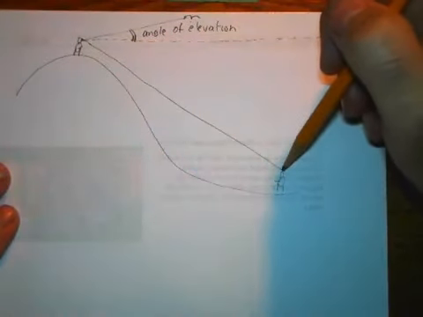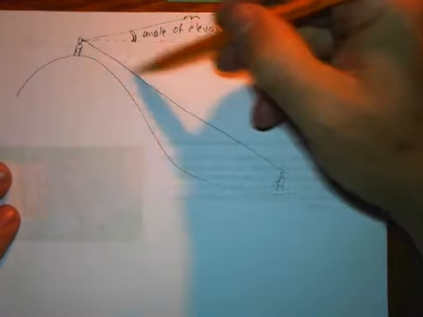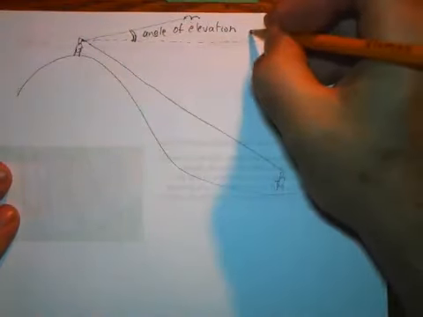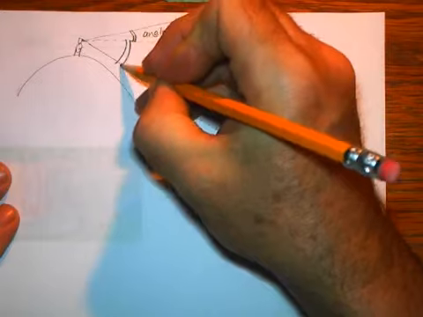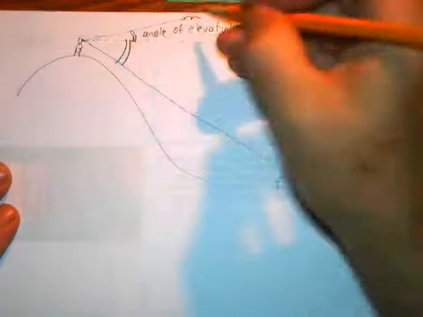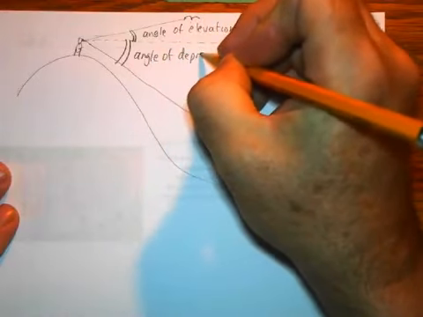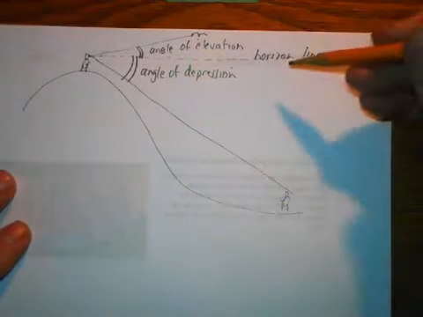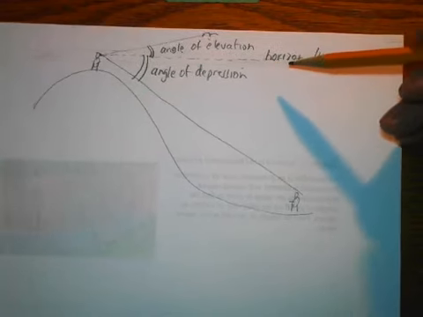So depression means down. So the angle going down, if you want to measure that, it's measuring to this line here, but it's also measuring from this horizon line as well. So in this case, this angle here would be the angle of depression. Okay, so it's a lot easier to have a picture like this and understand it than just two sentences in a definition.